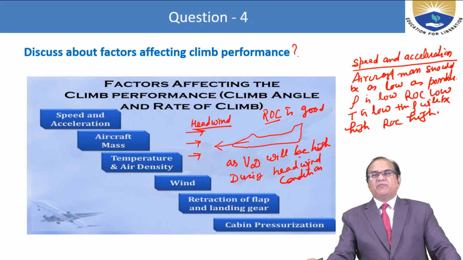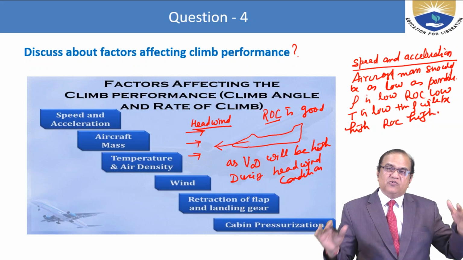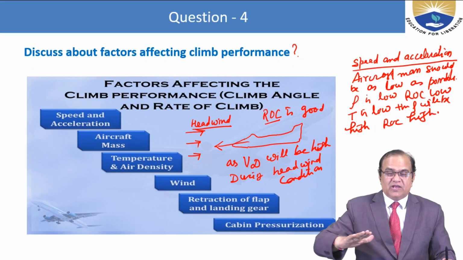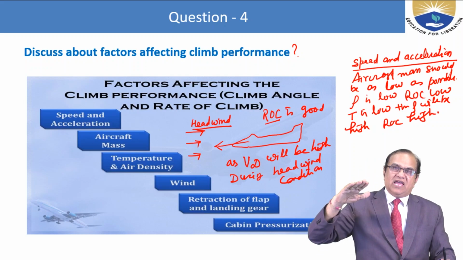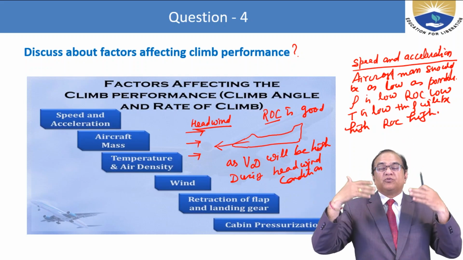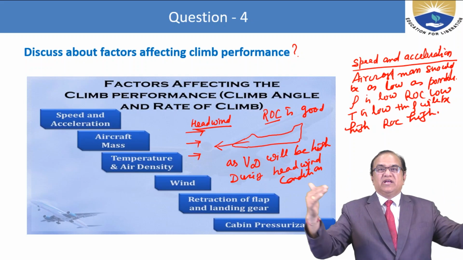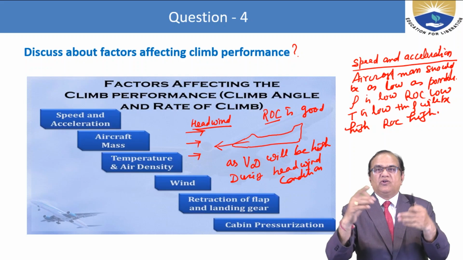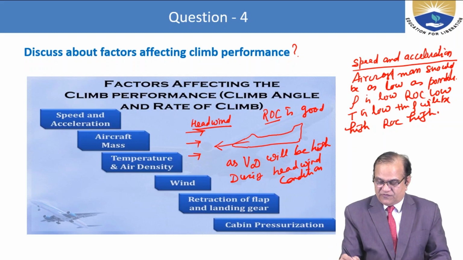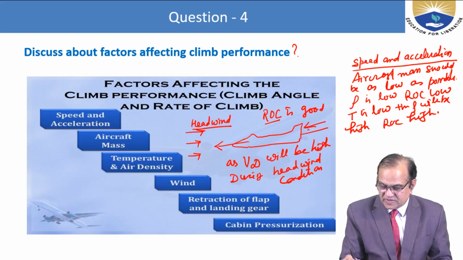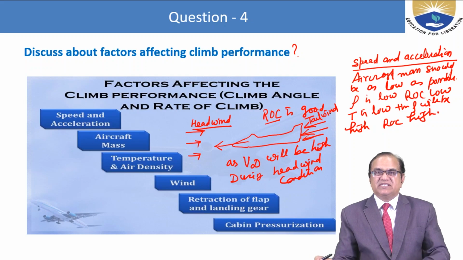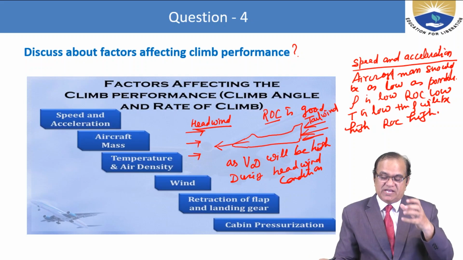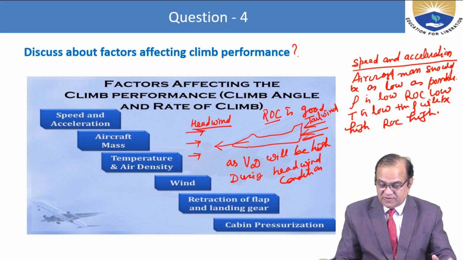Every pilot wants that during landing and takeoff, whenever they want the high climb, the relative wind should be high, and this will happen when the air is coming from the front. So your relative wind will be high, and if it is a tailwind, from behind, then it is not good because the relative velocity will be less.